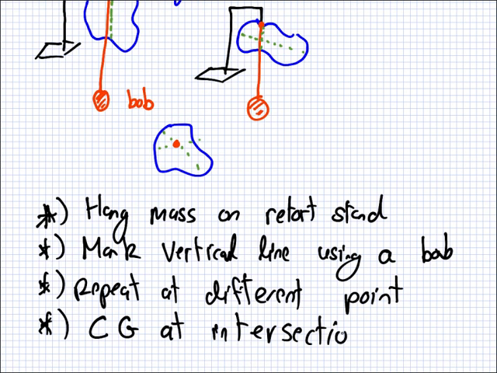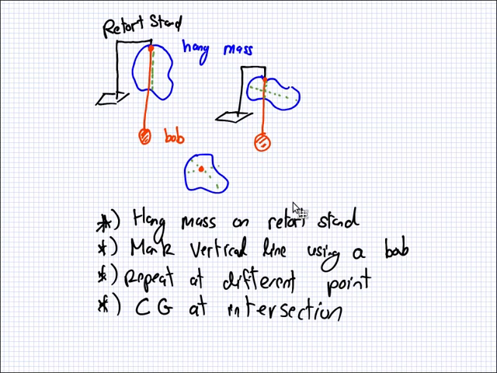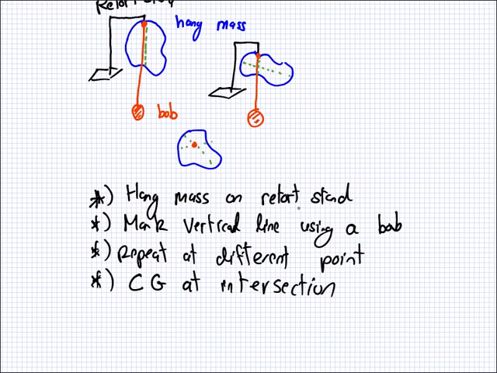I think that's the absolute minimum I could write to describe this experiment, right? I don't think there's any words I can delete. Hang mass on retort stand. Mark vertical line using... that's the wrong verb here.